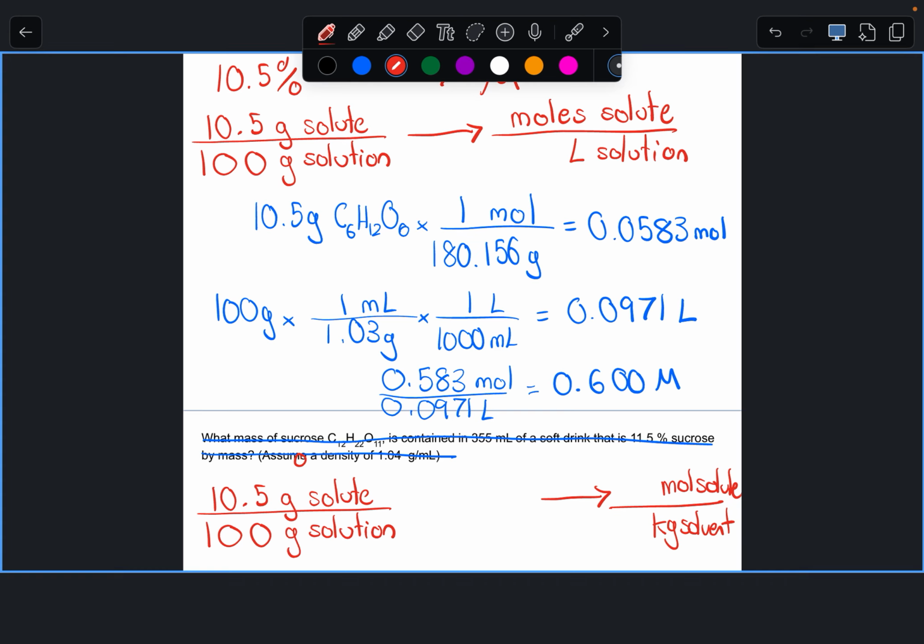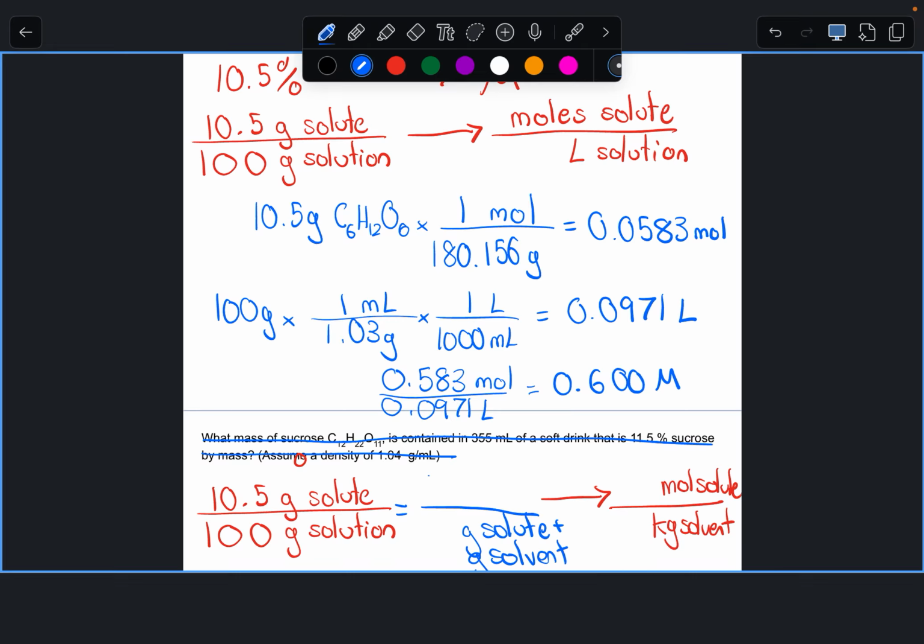Okay, so we've got an issue here because the starting thing has grams solute and grams solution. It doesn't tell us anything about the solvent yet. So there can be some difficulty, like how do I get information about the solvent there? What you have to remember is that grams of solution on the bottom is actually equal to grams of solute plus grams of solvent.